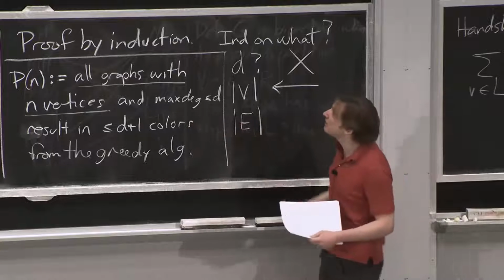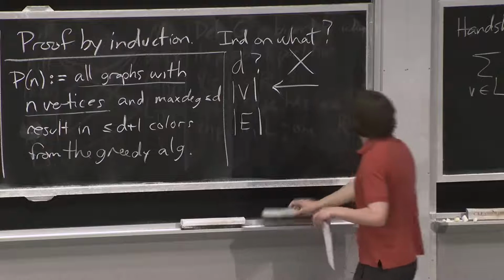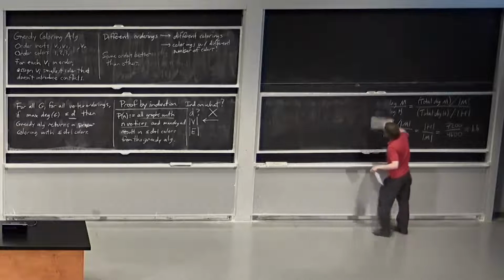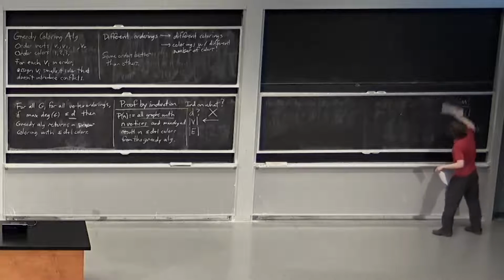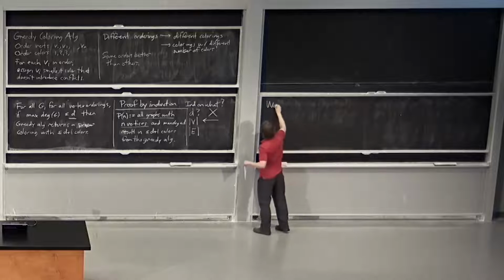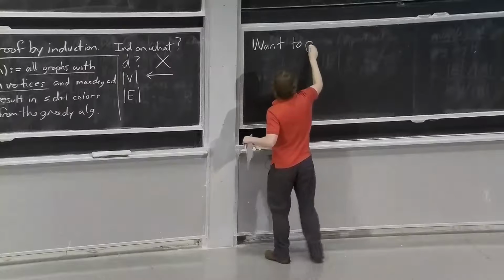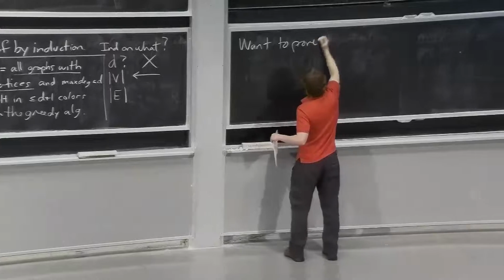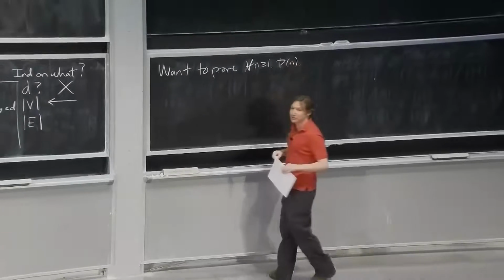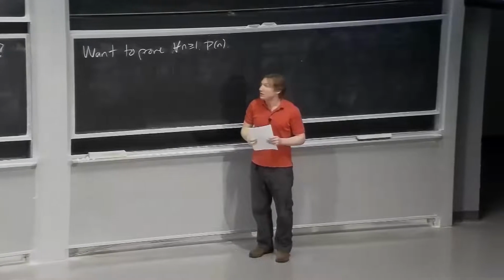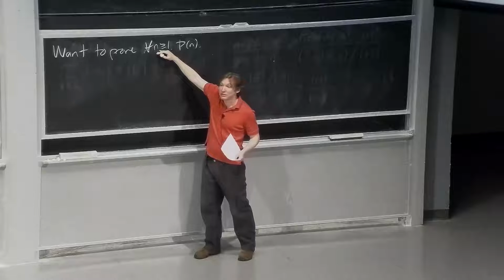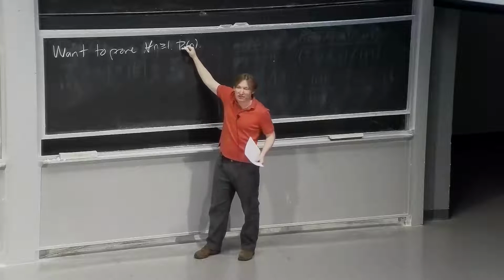So we've defined P of n here. Our goal is to prove that for all n greater or equal to 1, P of n is true. Yeah? So for any number of vertices, all graphs with that many vertices do the thing.